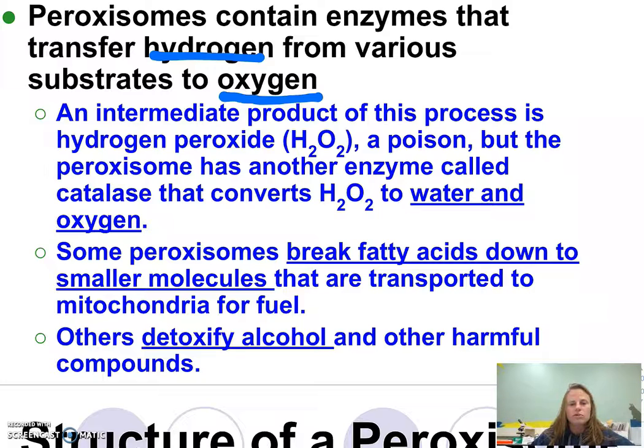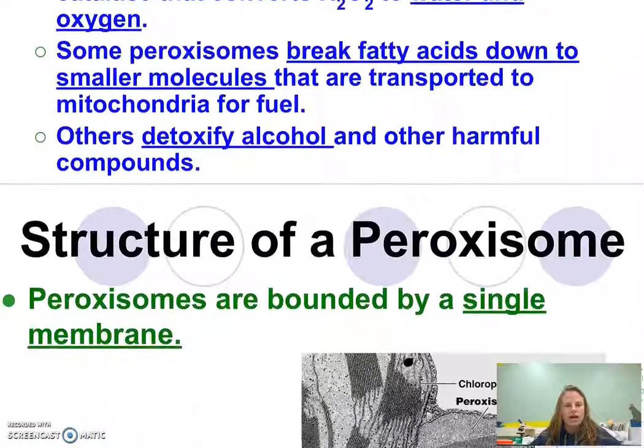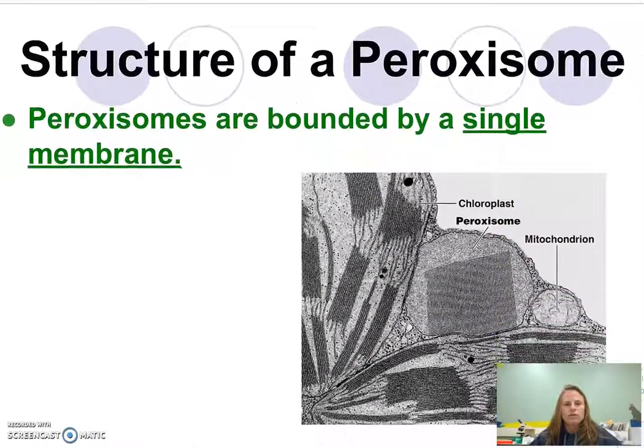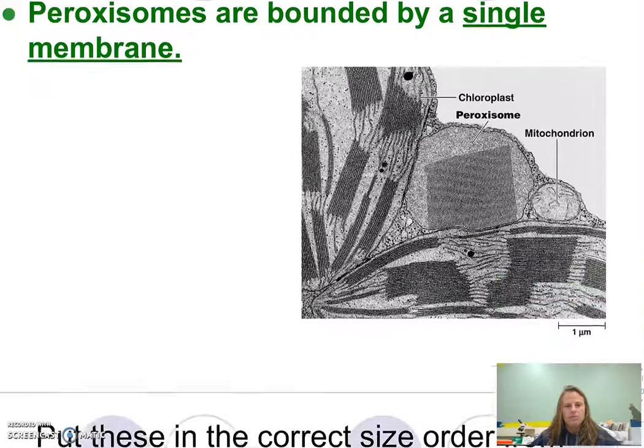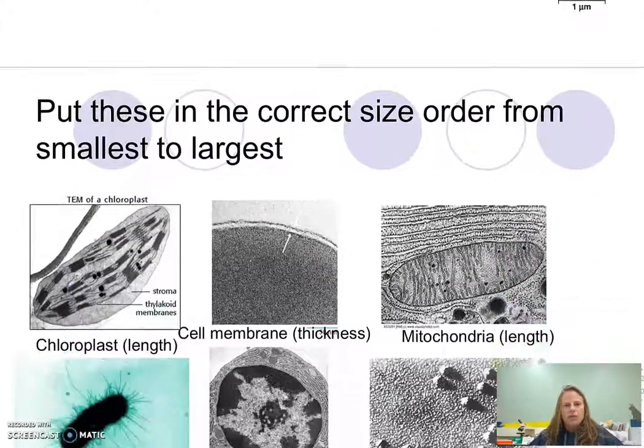Some peroxisomes also break down fatty acids into smaller molecules, which are then transported to mitochondria for fuel, and others detoxify alcohol.